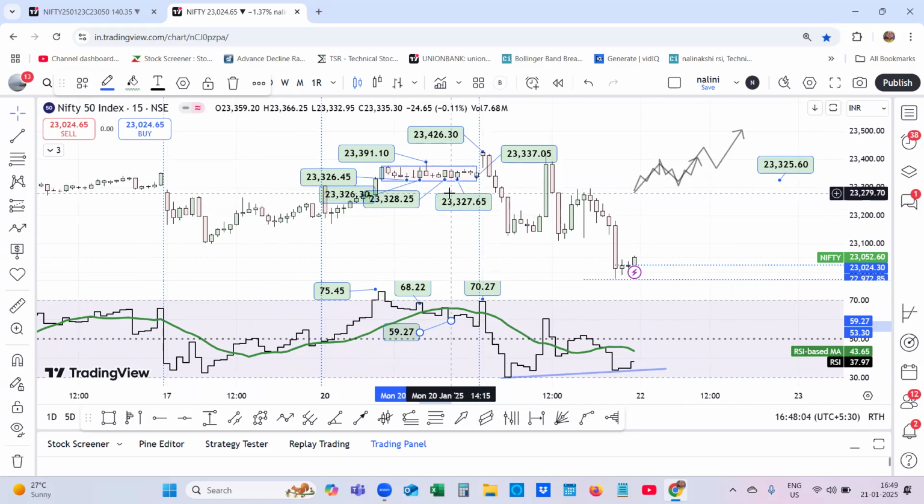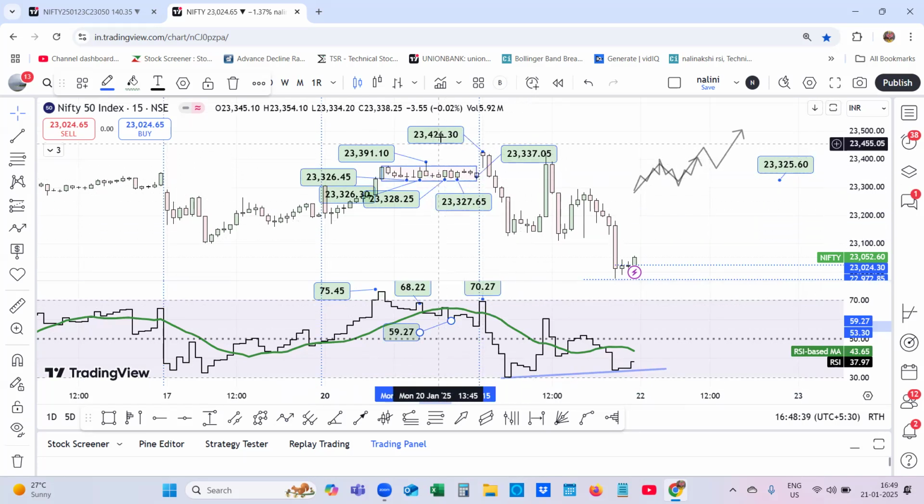Probably even I had mentally calculated for 23,274 to 269 based on my trend structure and supports, order blocks and everything. If it comes there, it was my plan. My trading plan was to buy on dips. But what happened? It had shown distribution over here, and the gap up was a trap.